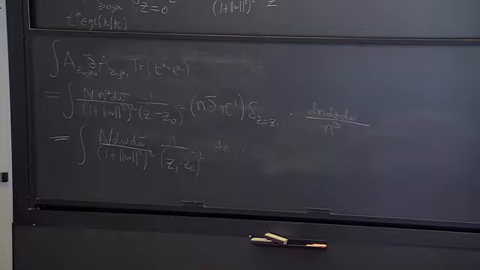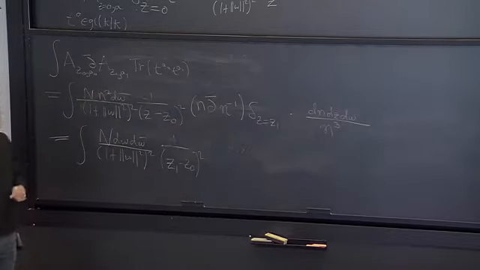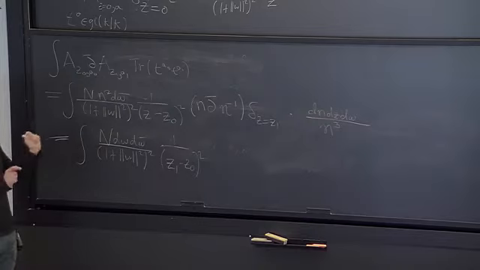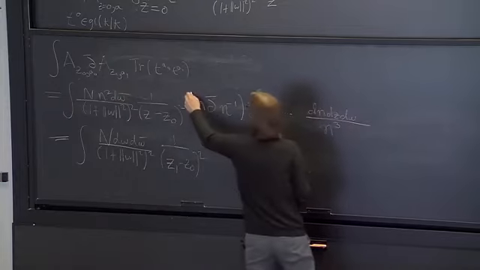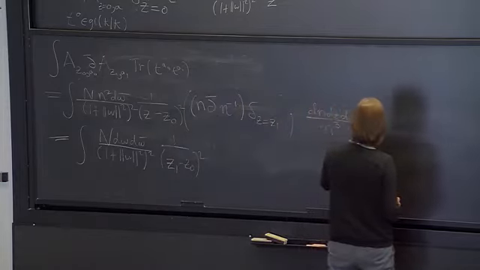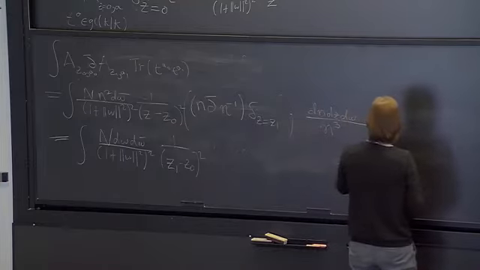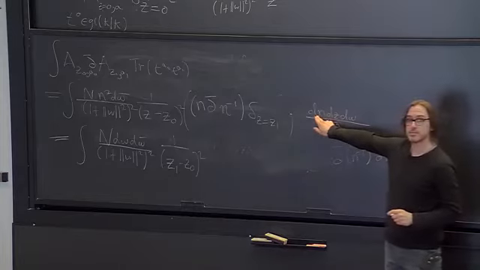Sorry, I've got rid of the dn too because of the delta function. The equation I'm using is d bar of n minus 1 dn is a delta function, so this dn is being used up.